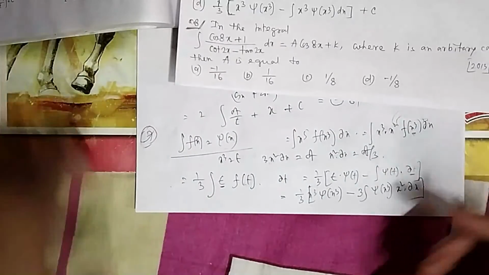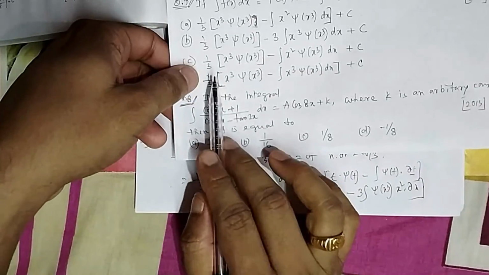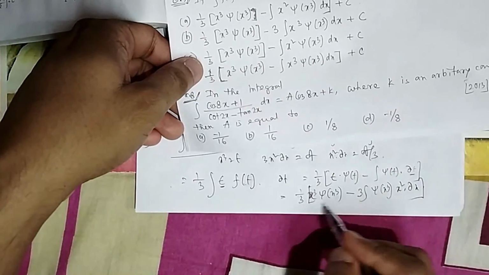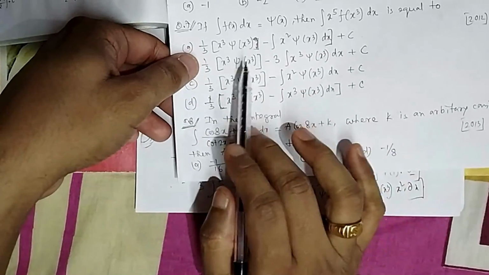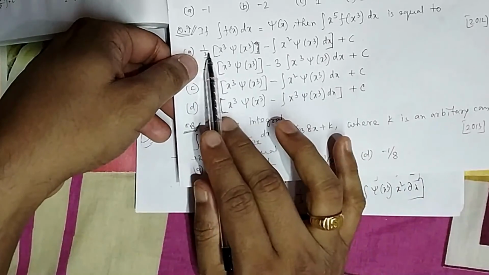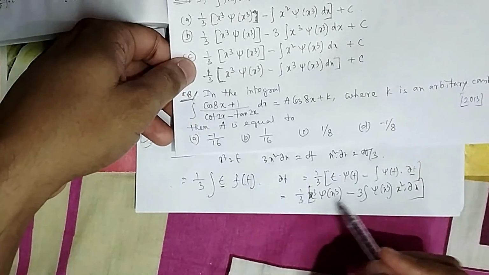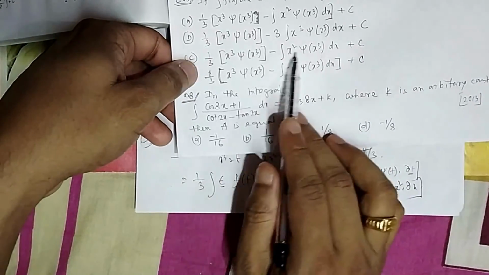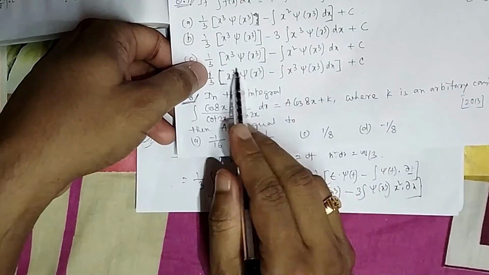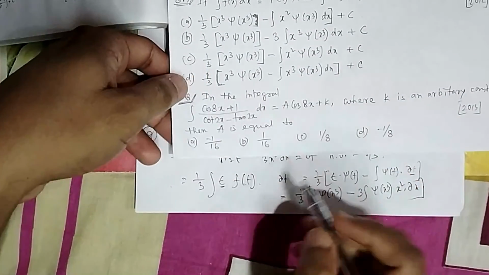So if you open the bracket, it will be 1 by 3 x cube psi of x cube minus, the 3 and 1 by 3 get cancelled, so it is only x square psi of x cube. So that is your option C.